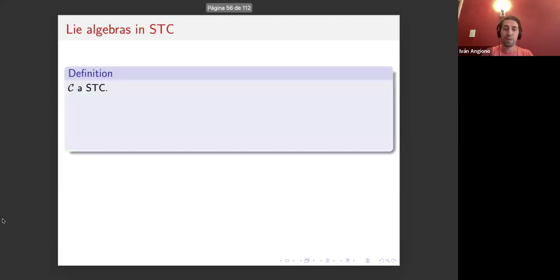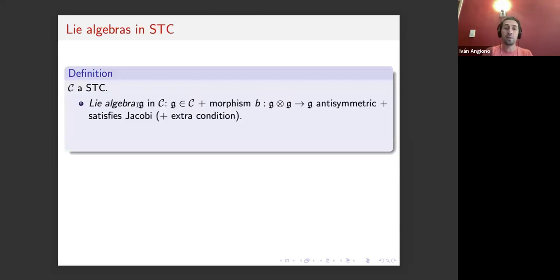Okay. For this, I need an extra part, which is how to define Lie algebras in symmetric tensor categories. You can do it mimicking what you do for vector spaces, essentially. You take an object, a Lie algebra is an object G such that you have a bracket from G times G to itself, which is anti-symmetric.